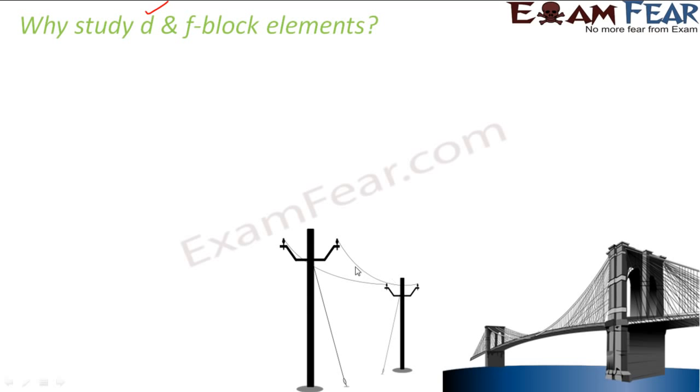Also, the wires used for transmitting electricity are copper wires, and copper is again a D block element. There are a lot of places where we use D block elements. The utensils in the kitchen are typically iron or steel. Steel is made out of iron. You must be knowing that, right? So these are all D block elements.